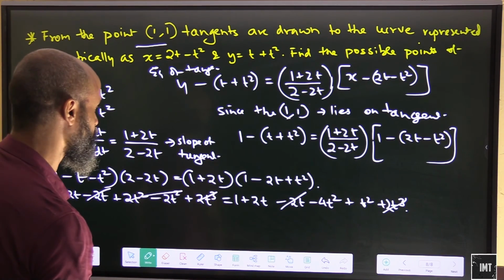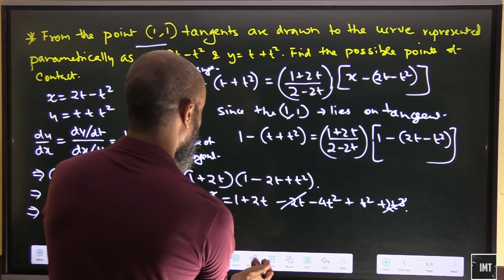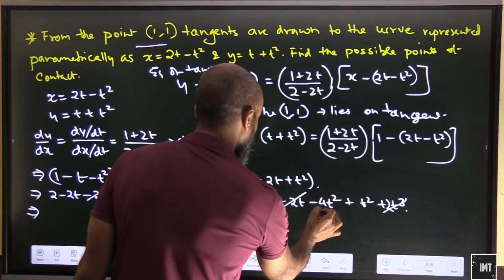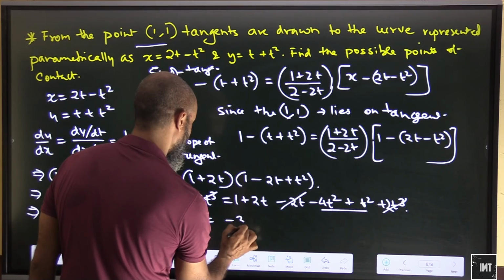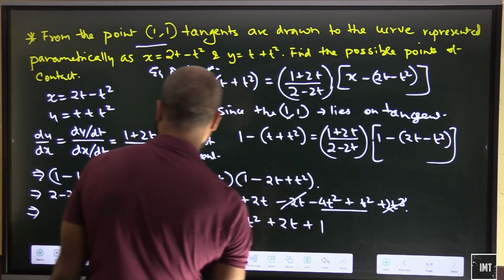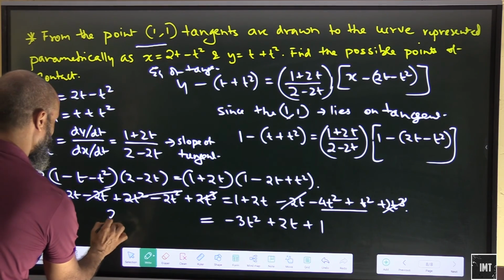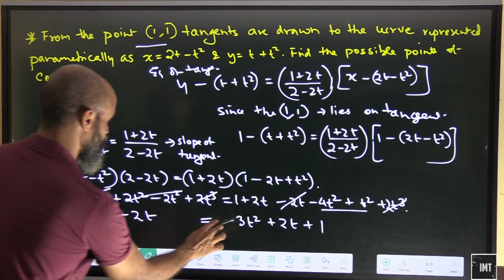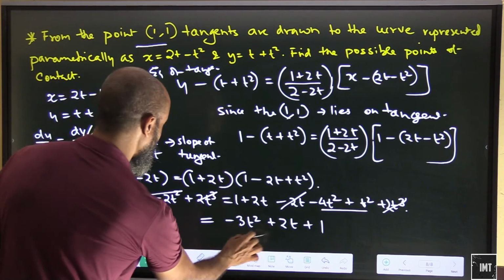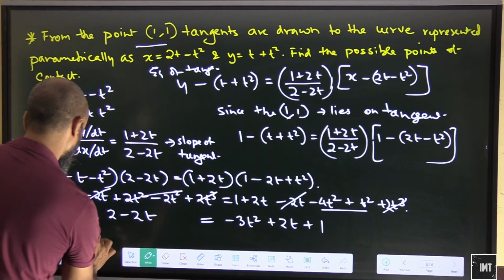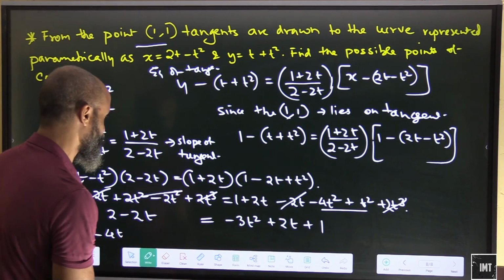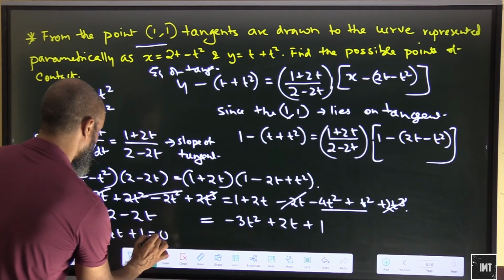What else do we have? Minus 4t square plus t square, that will be minus 3t square, plus 2t plus 1, and here we have 2 minus 2t, so this will basically be 3t square minus 2t minus 2 minus 1 plus 1 is equal to 0.